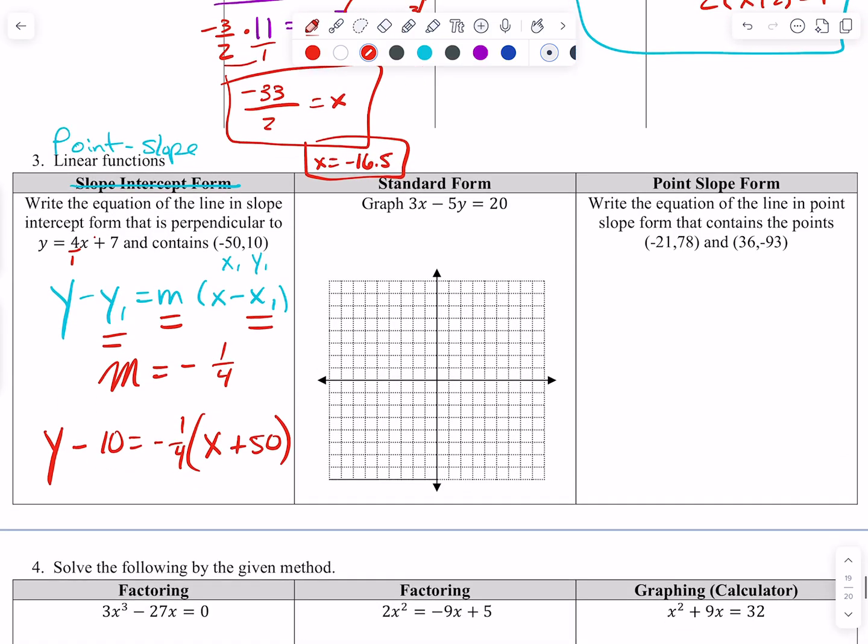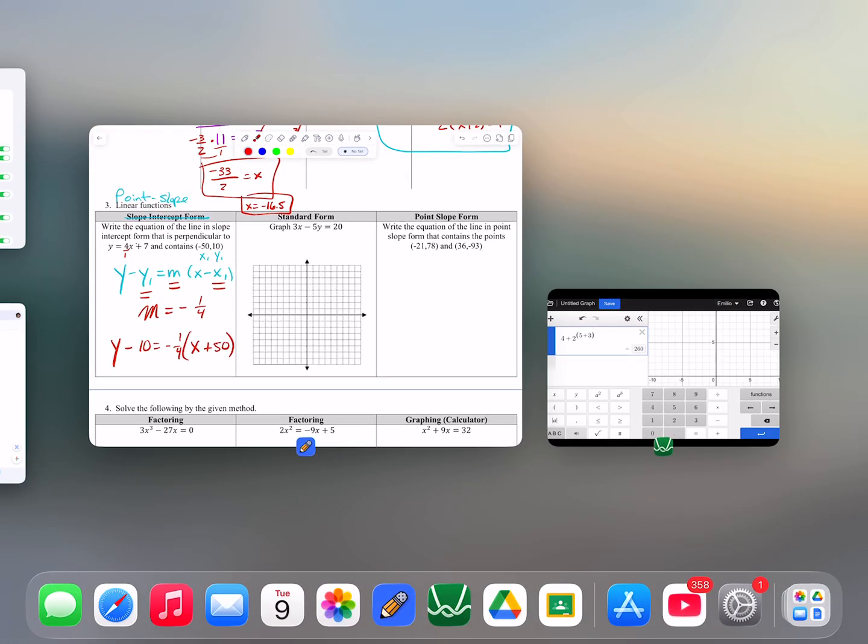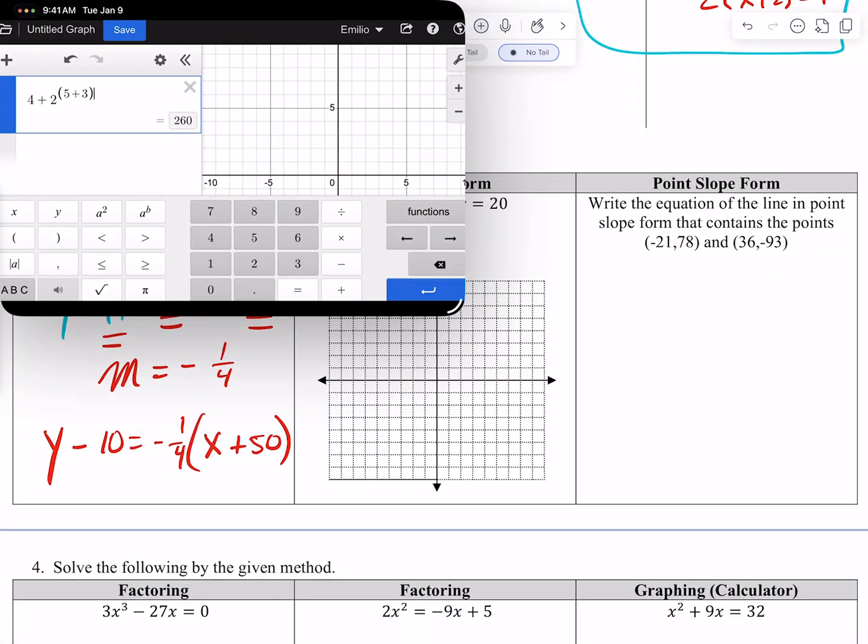What I'm going to do is I'm going to show you on Desmos, though, that these are perpendicular. So I'm going to go ahead and graph this and this. I should have had this graphed already, but I didn't. So let's go ahead and do this real quick.